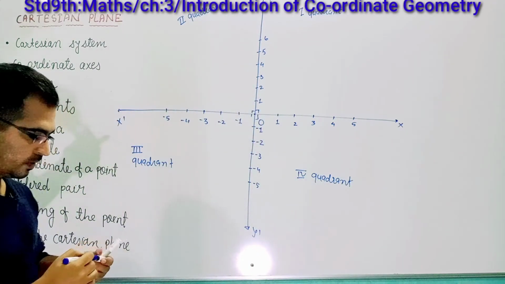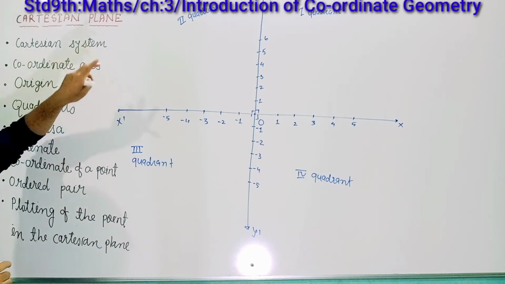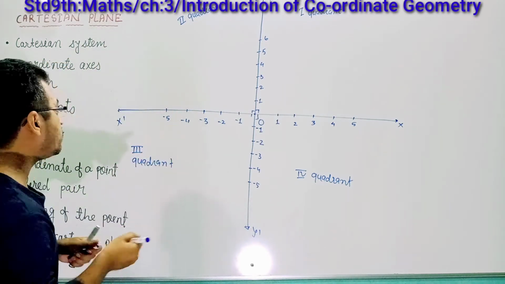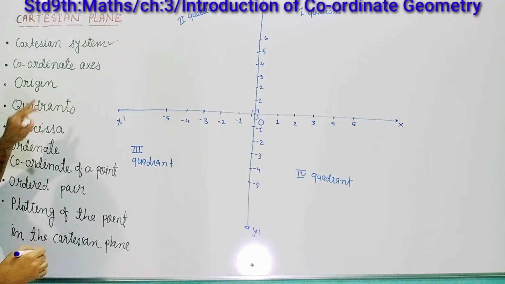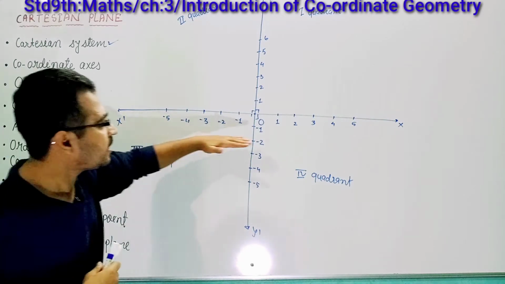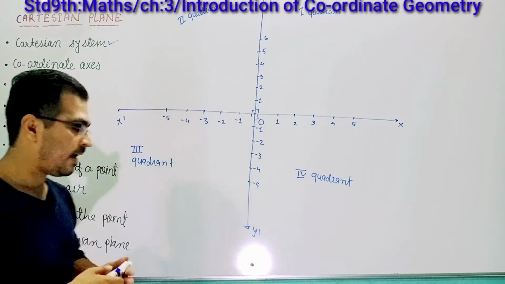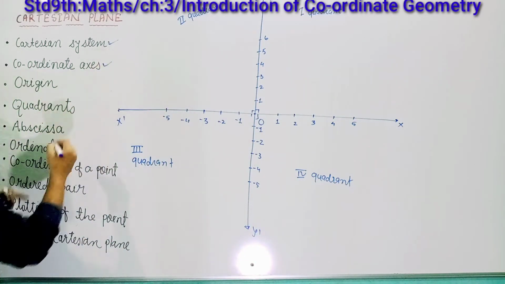Right students? So here the definition of the Cartesian system should be clear. Coordinate axis. The x-axis and y-axis are the coordinate axes. So this point is also clear.